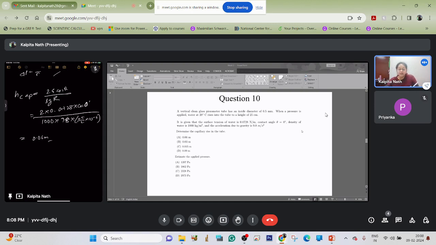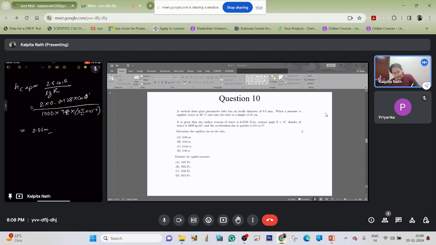For the next case, they have given some extra pressure and the water has traveled up to a height of 25 centimeters. So what is the pressure? We'll find the pressure difference. 0.25 minus 0.06, so this is the height difference, 0.19 meters.